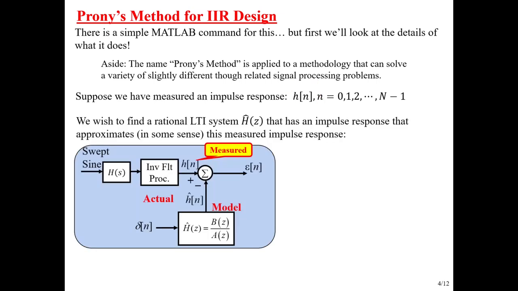Okay, so here's the idea, here's a picture. So here's the actual circuit that has an H of S that we're interested in, and it has a corresponding impulse response, H of T. So I put a swept sinusoid into that system, and I do the inverse filter processing that we talked about.